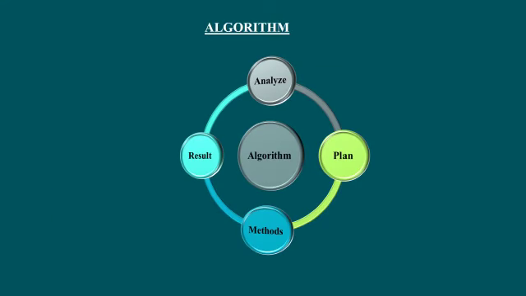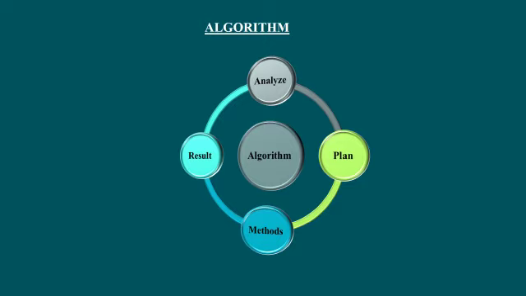Children, let us understand what is an algorithm. To solve any problem on a computer, we need to analyze and understand the nature of the problem. We need to plan the input and apply the required methods step by step to get the desired result.